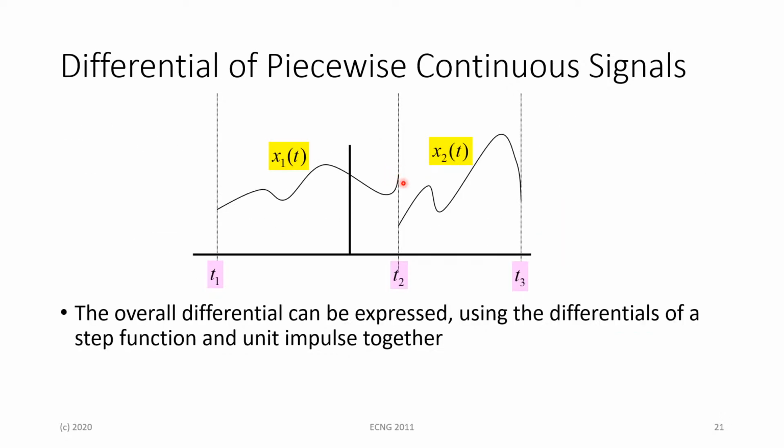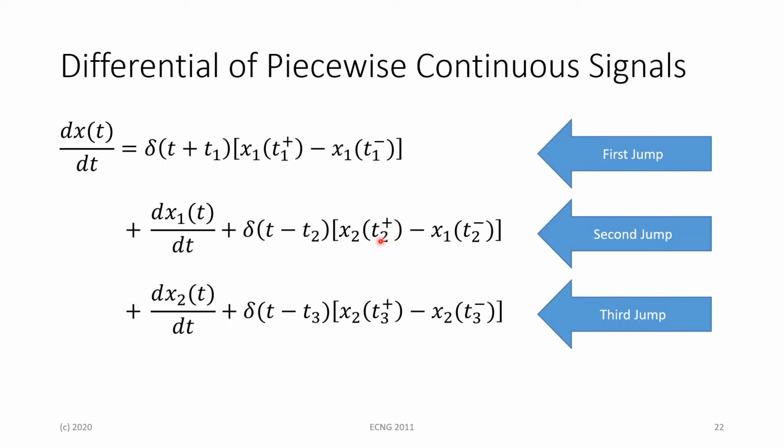And then the signal exists for x2 of t at t2 positive. That's how you end up with this representation here.